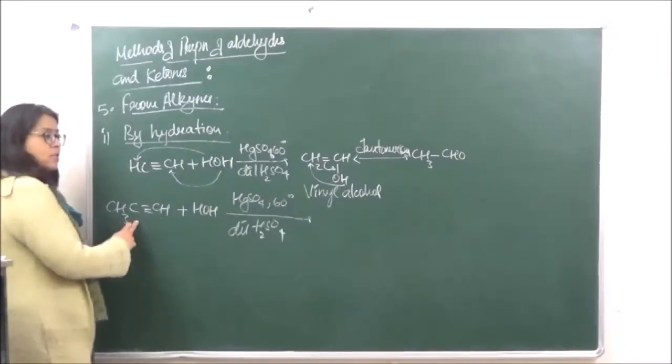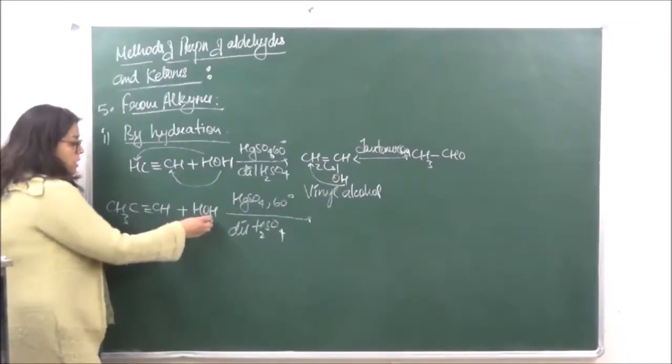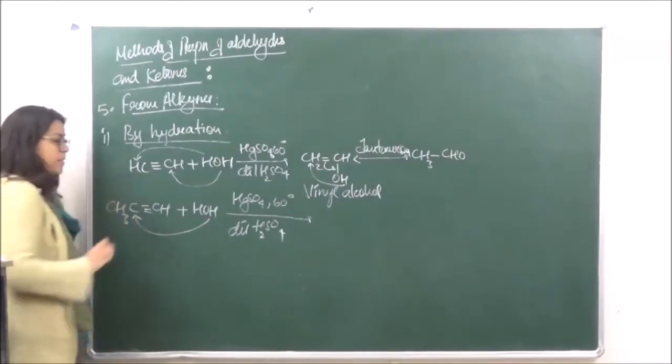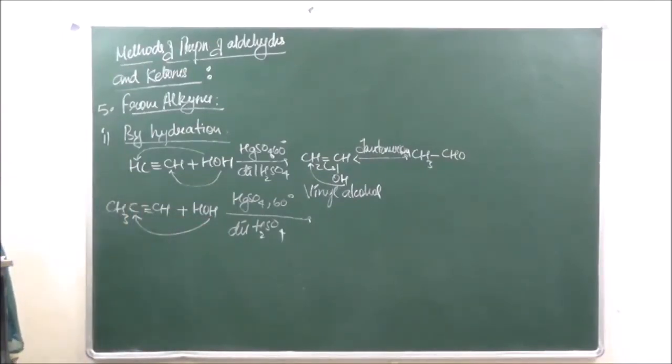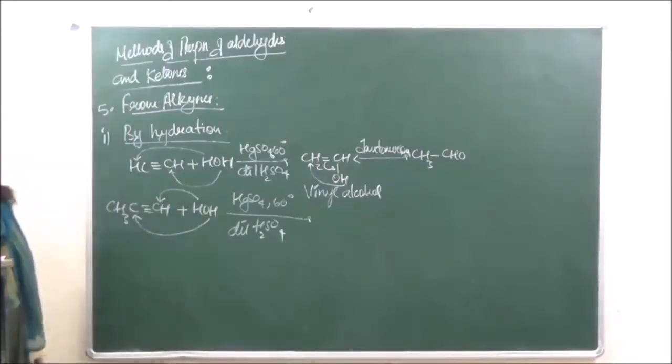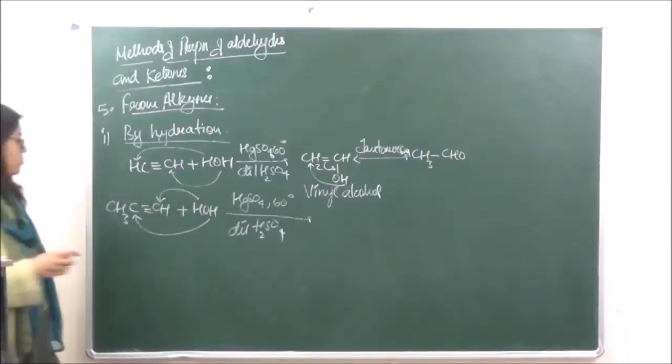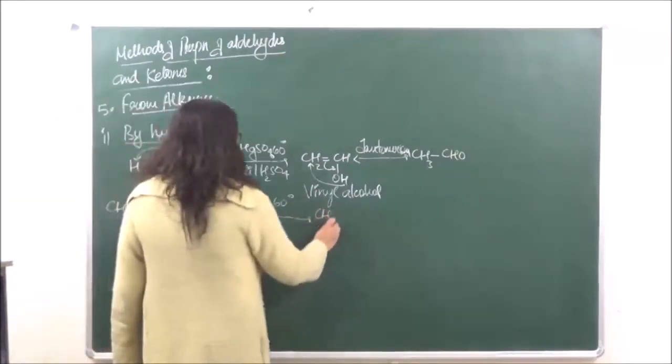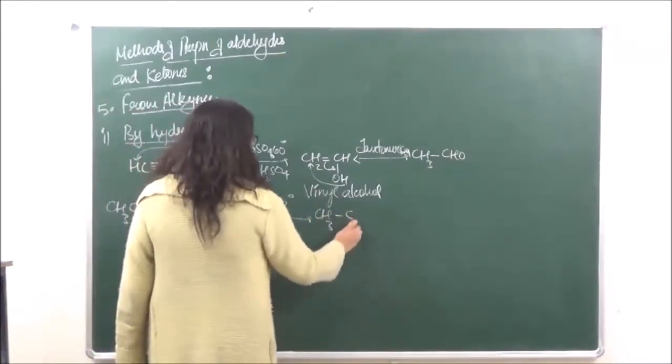So again, this is going to follow Markovnikov's rule, where the negative part will attack at the carbon atom with lesser number of hydrogens, and the positive part will attack at the carbon atom with greater number of hydrogens, such that again we are going to get a vinyl alcohol over here.